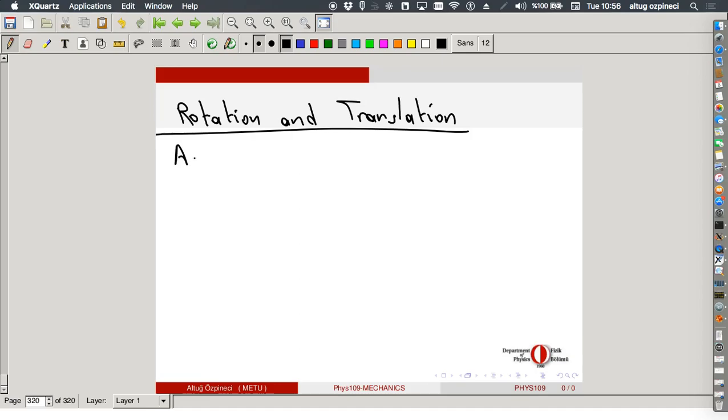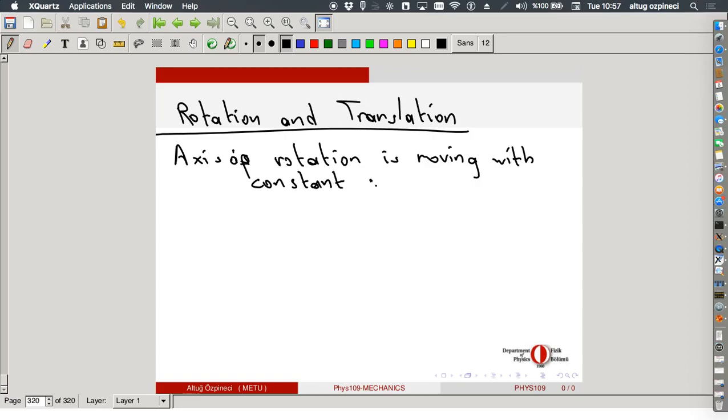So let's say the axis of rotation is moving with constant velocity. Now this axis of rotation need not pass through the center of mass.